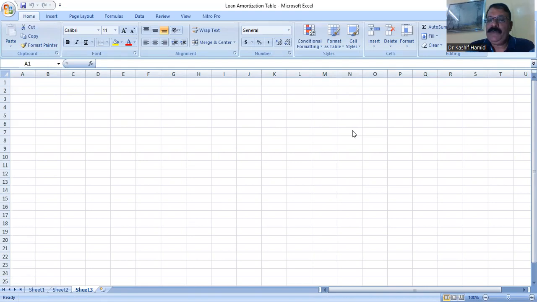It is a very important and key topic of time value of money from its practical point of view. We will produce a loan amortization table here. Let's start by demonstrating it in our Excel sheet.